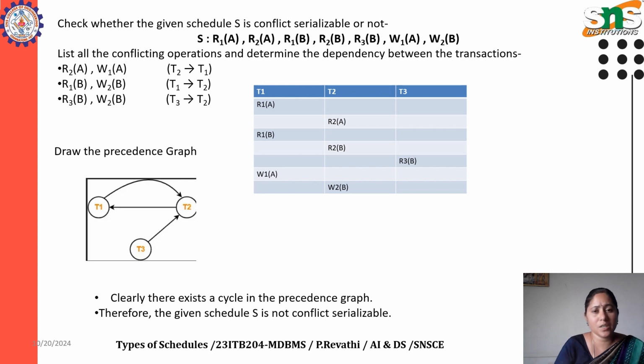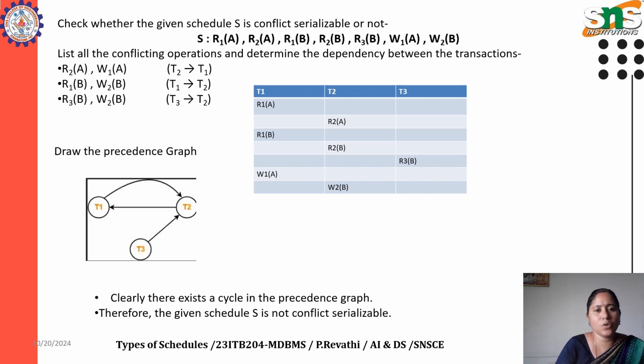Then control is transferred to T1, which reads B, then to T2, which reads B, then to T3, which reads B. Then control is transferred to T1, where the write operation on A is performed, and then to T2, where the write operation on B is performed.